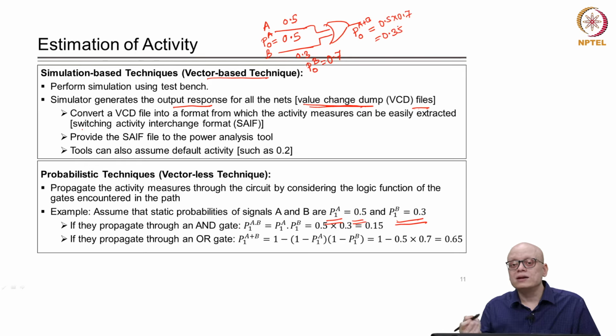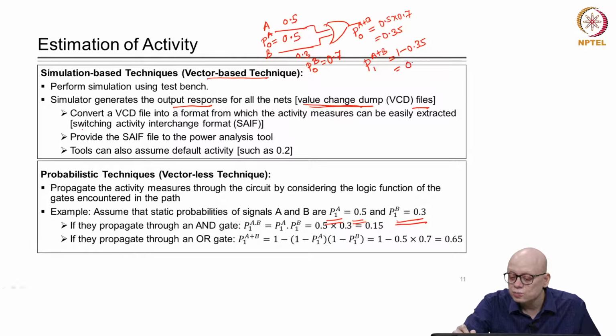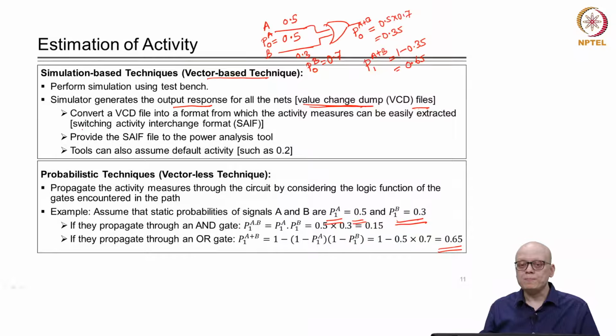Now, we can compute the probability of being 1 at the output, A plus B, as 1 minus 0.35, that is 0.65. That is what is shown.